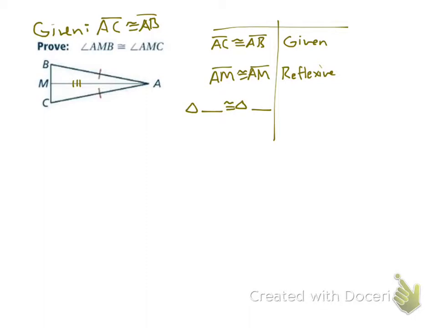I was actually withholding information. We know that M is a midpoint of BC. So we're going to write that in as another given, or you could just write it down below reflexive if you've already written it down.